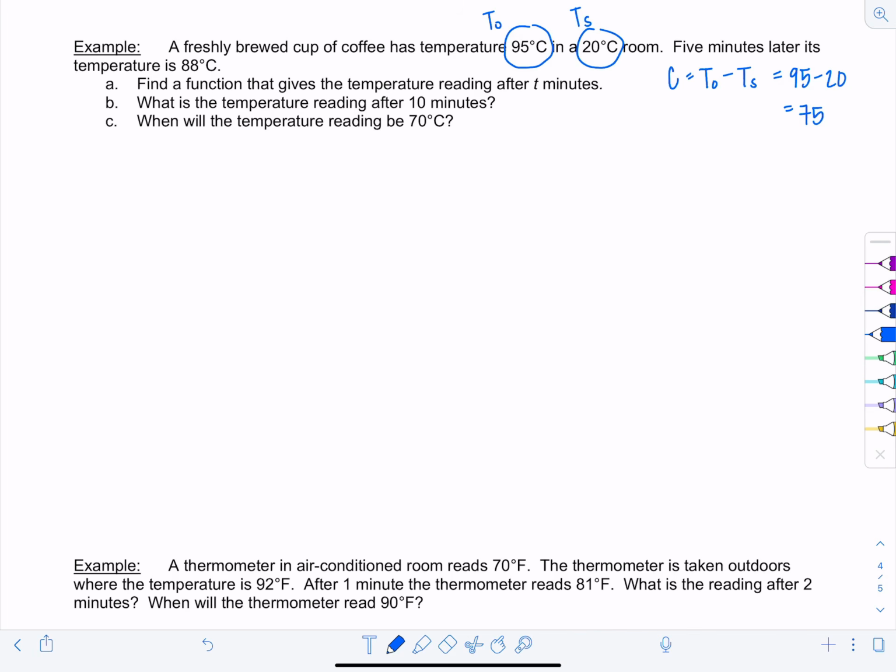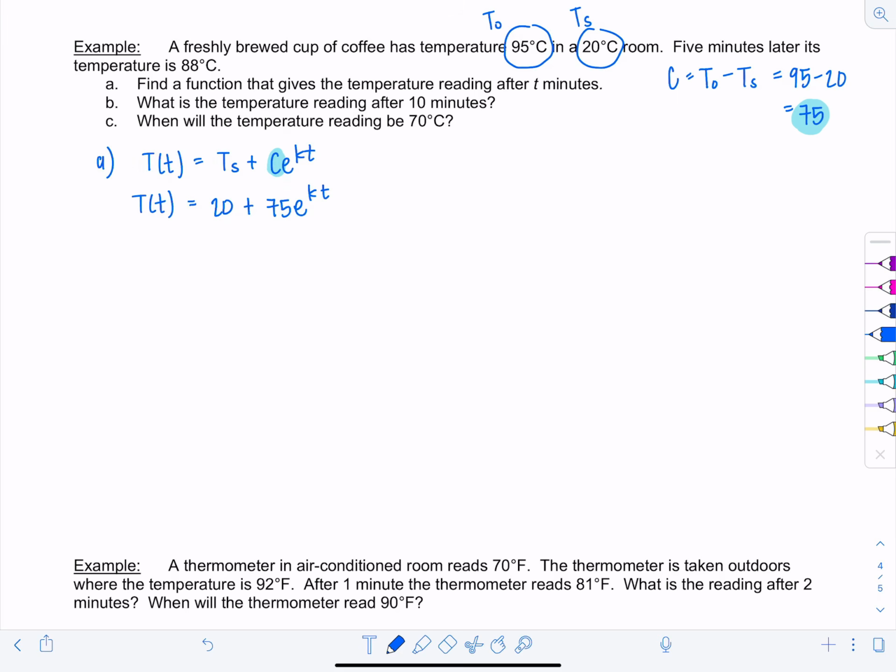Okay, so let's put all this into our model. So we have T of t equals, remember, it's T sub s plus c e to the kt. So T of t is going to equal 20 plus 75, we just found C, don't forget, times e raised to the kt.